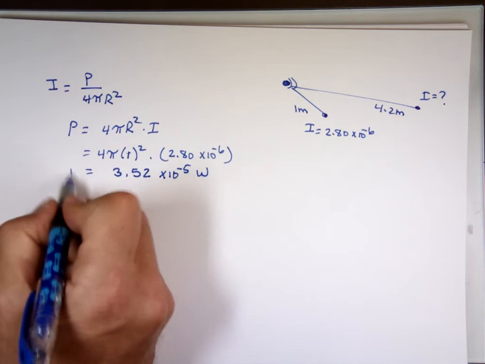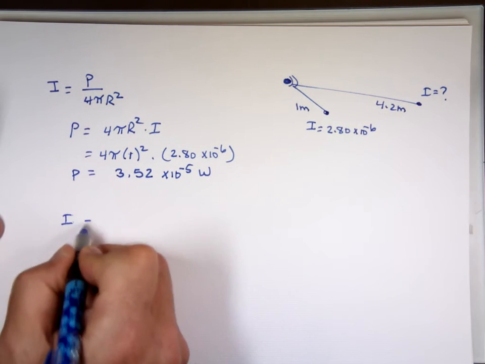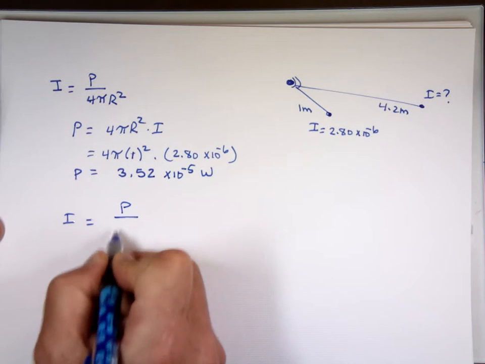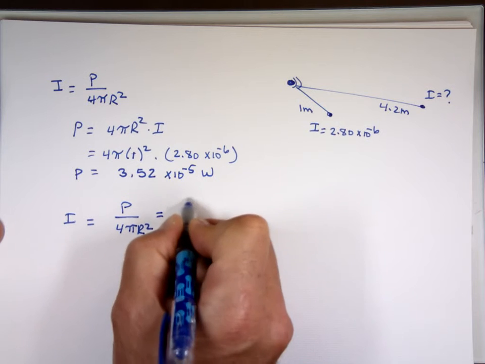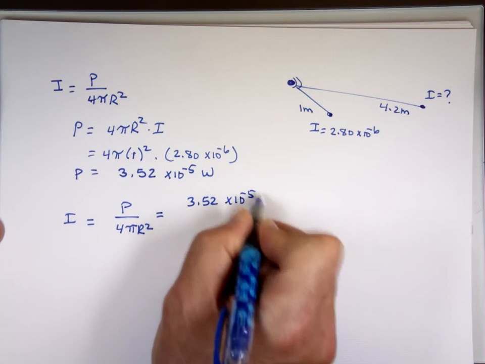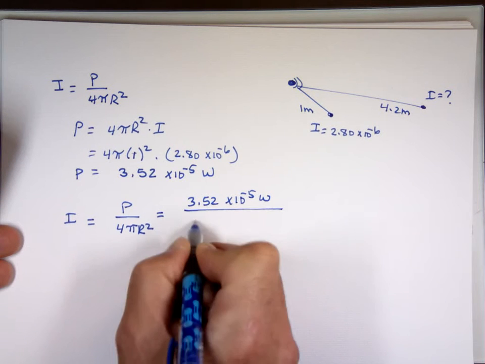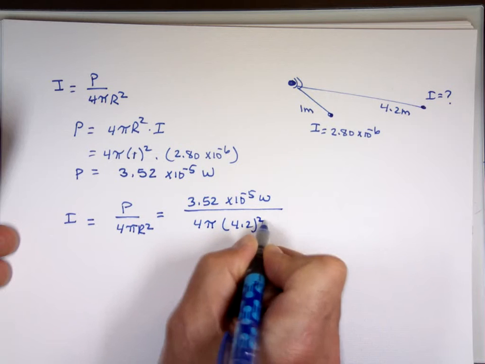If I know the power, that doesn't change. So the intensity for the person sitting far away is going to be the power over 4 pi r squared. The power is 3.52 times 10 to the negative 5, over 4 pi times r, which is 4.2 squared.